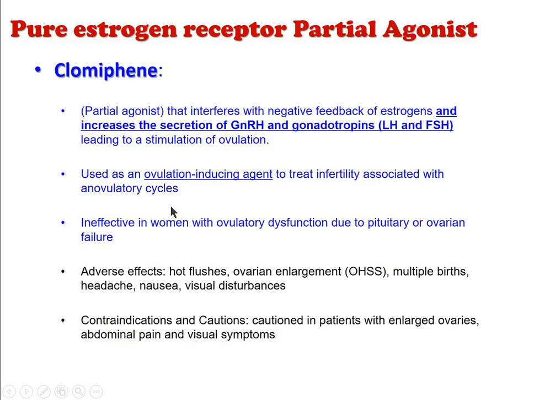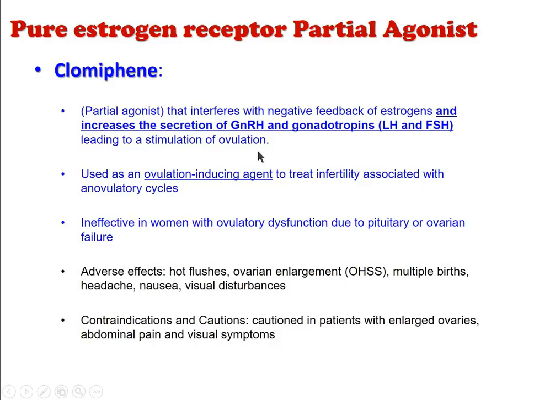This is again a question where you need to understand the mechanism, how this drug is working, and then you will be able to understand the statement. This drug was easing out that brake from estrogens and progesterone to the hypothalamus. Remember in the previous figure?